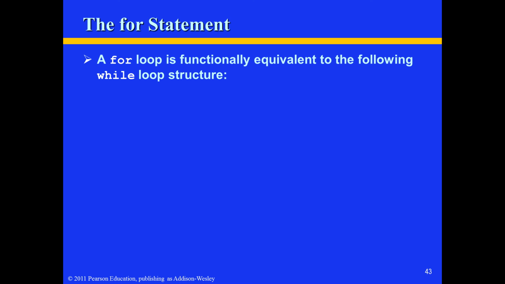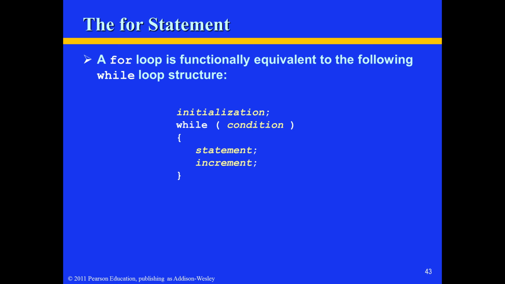A for statement is functionally equivalent to the while loops you've been doing, only ahead of a while loop you'll have the initialization. In a while loop you'll have a condition that's checked each time, and then you'll have a statement. You could have several statements, but at the end of your statements, probably, you'll have an increment.